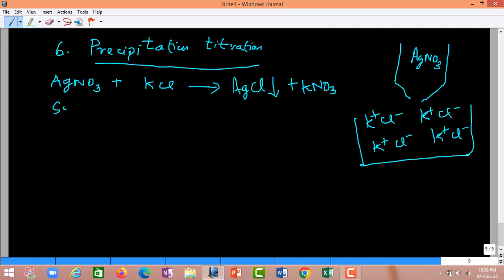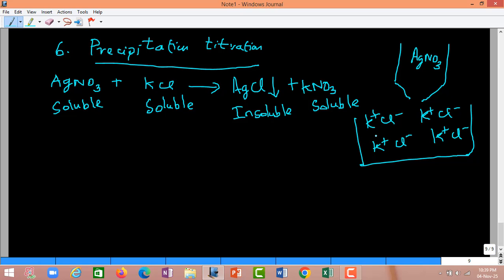Silver nitrate is soluble in water, potassium chloride is soluble in water, but silver chloride is insoluble. It settles down as a precipitate, and KNO3 is also soluble.